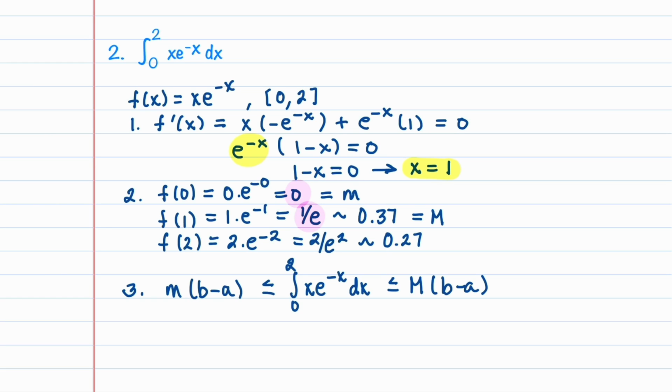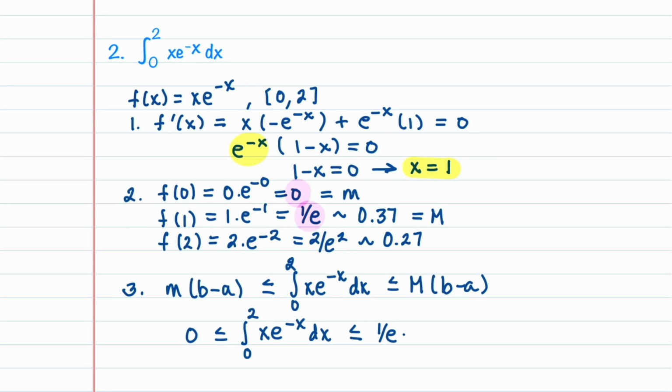Little m is equal to 0, so we have 0 on the left-hand side, less than or equal to the integral from 0 to 2 of x e to the minus x dx, less than or equal to capital M, which is 1 over e, I'm putting in the exact value there, times b minus a, which is 2 minus 0.